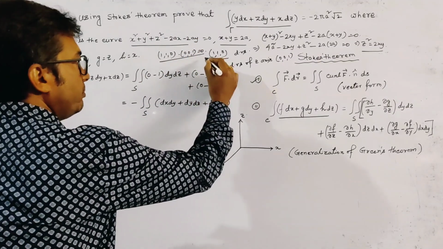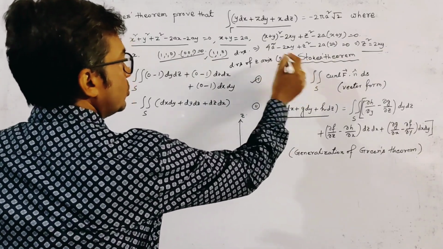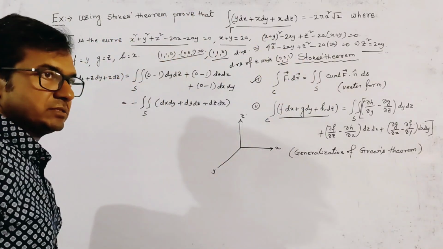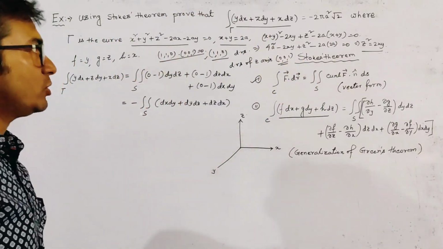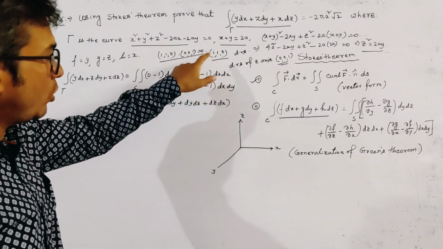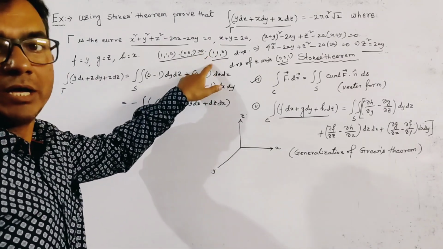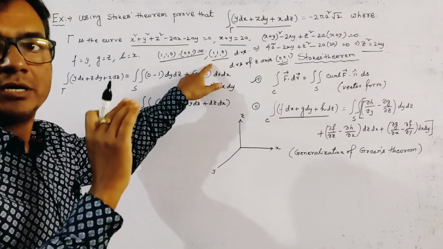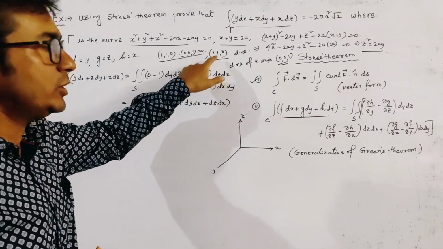So the plane and the z-axis must be parallel, because the plane is perpendicular to its normal direction.